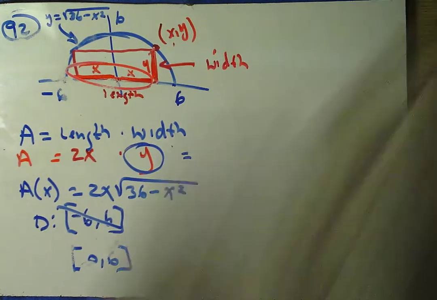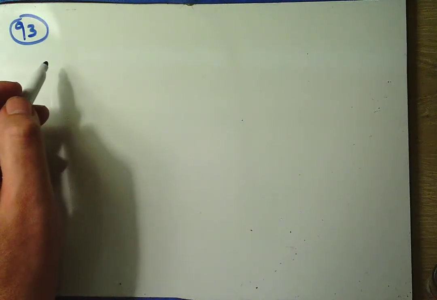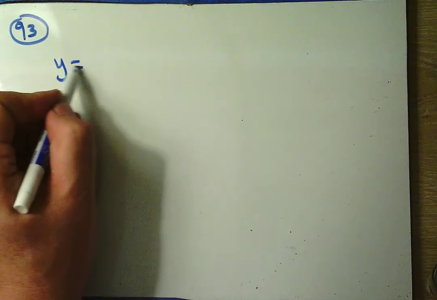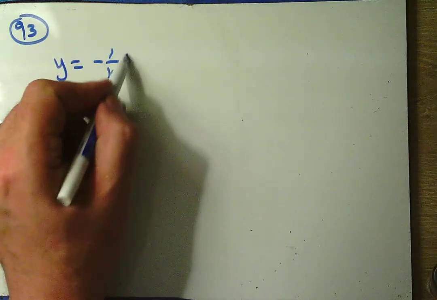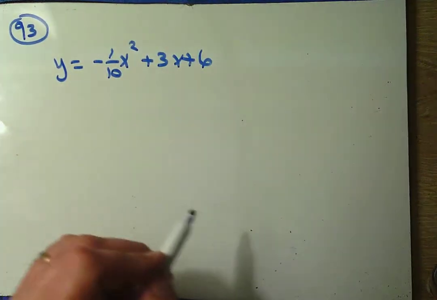All right, there's 92. Let's take a look at 93. 93 is a thrown baseball. Okay, we've got y equals negative 1/10 x squared plus 3x plus 6.